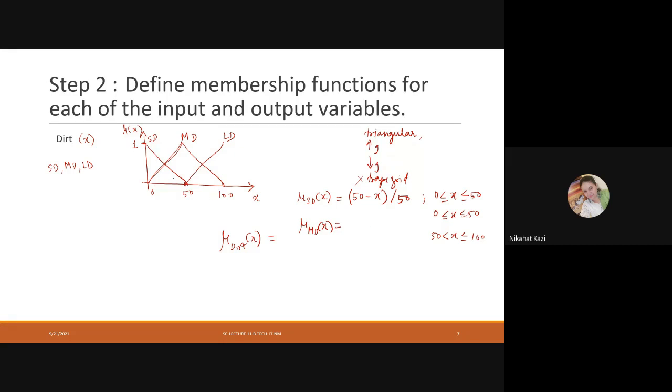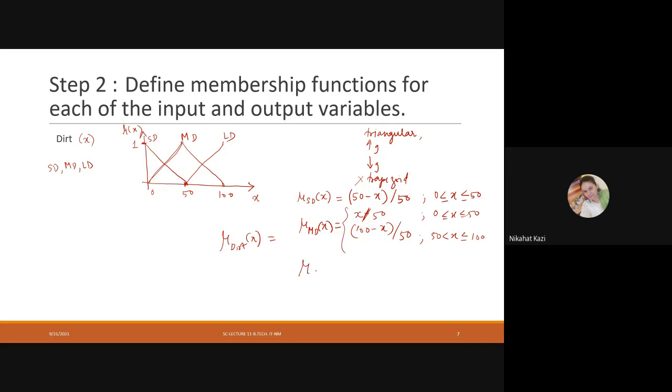So what is the equation of this line? It is (x minus 0) divided by 50, that is x by 50, right? Correct. Next, this decreasing one is (100 minus x) divided by 50, right? So this is medium dirt.